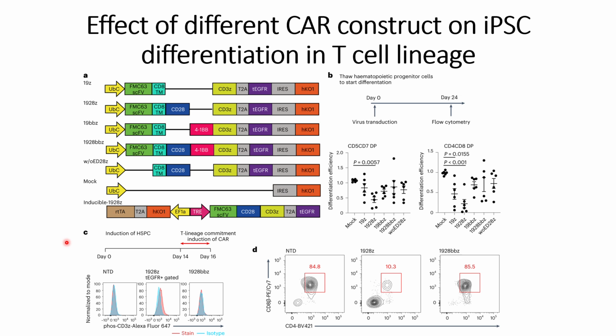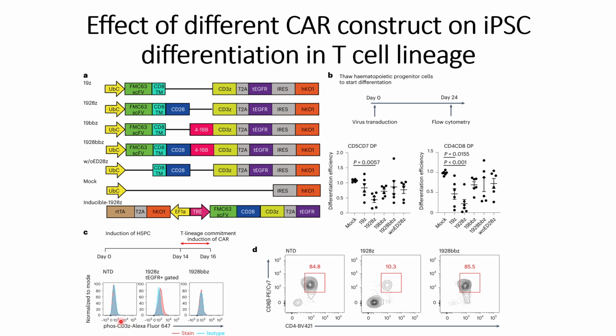The hypothesis that they developed is that the impaired differentiation may be because of non-specific activation of CD3 zeta. So in order to check whether CD3 zeta is activated in the case of the second generation CAR, they took this CAR construct and induced the 1928 zeta, and after 14 to 16 days they checked the signals again.